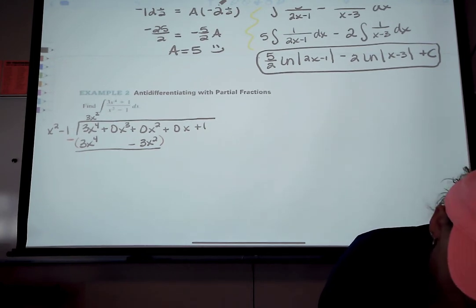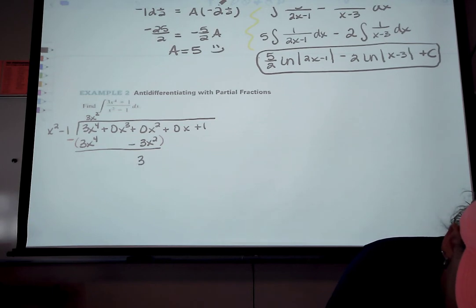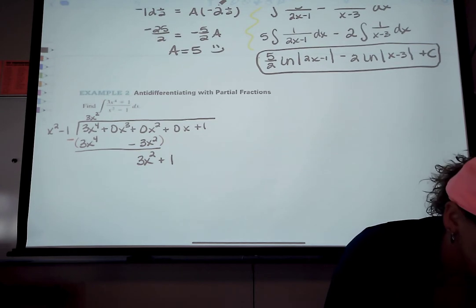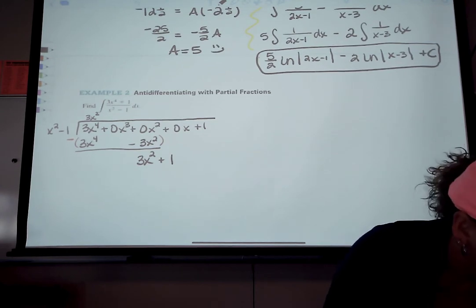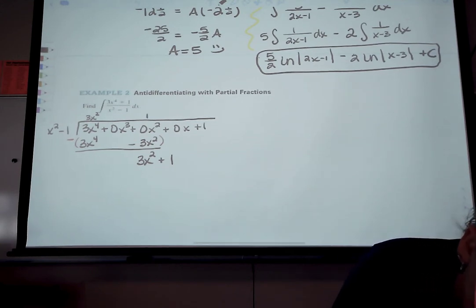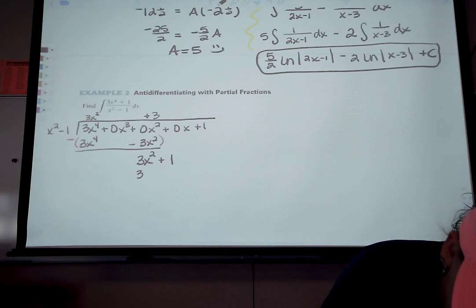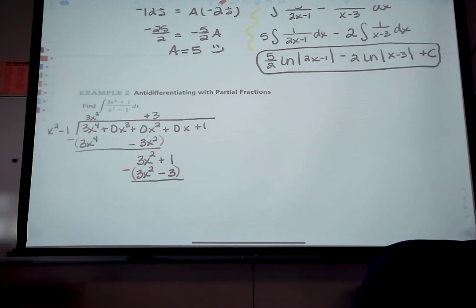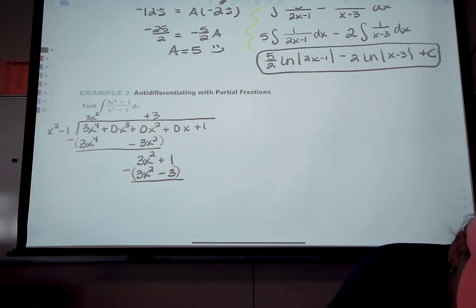A negative minus, okay, so this is going to be positive 3x squared plus bring down the 1 and I need to multiply that by positive 3. 3x squared minus 3.